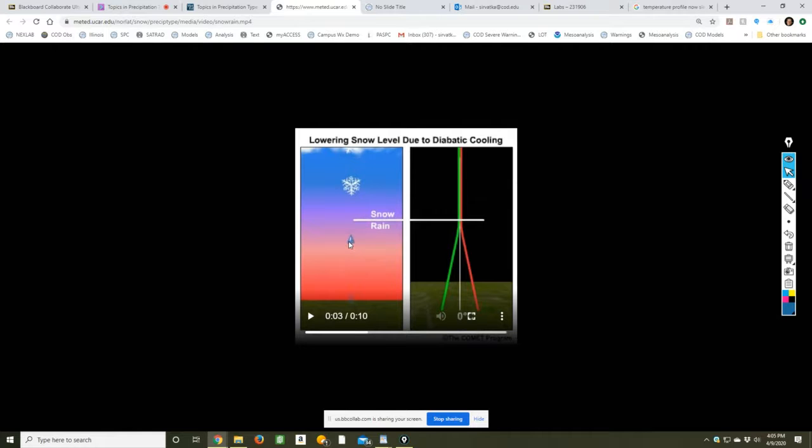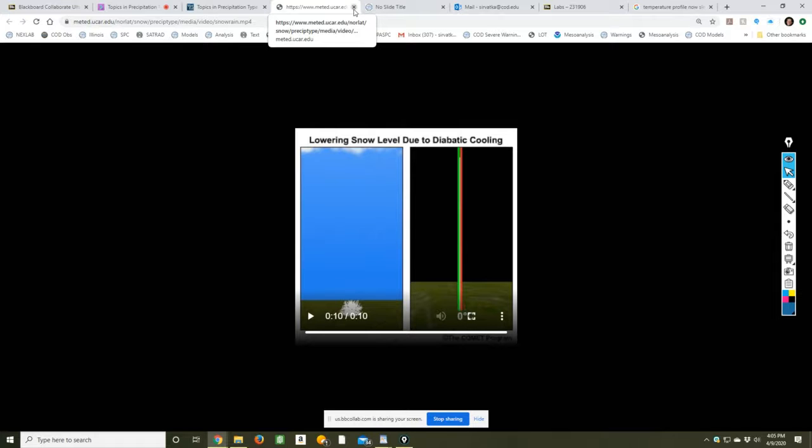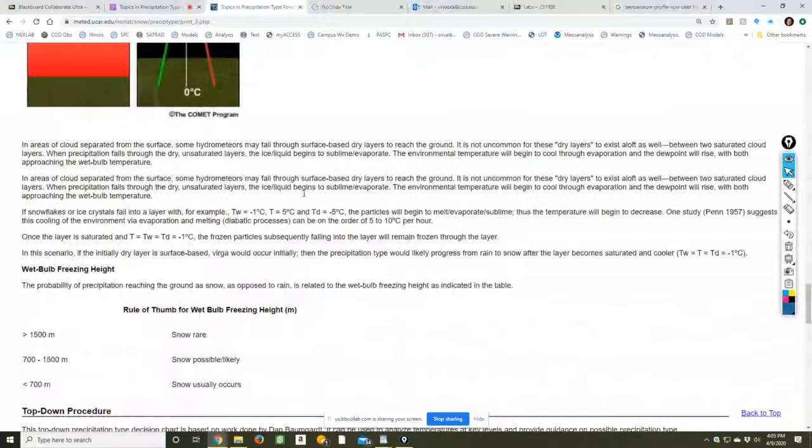It reaches the wet bulb temperature. And so that cooling, because the rain's evaporating, drops the temperature. So what's happening is the temperature starts dropping, the air becomes saturated, and now the snow stays all the way to the ground. So that's kind of a cool way to see how sometimes it starts as rain and then it turns over to all snow as well.